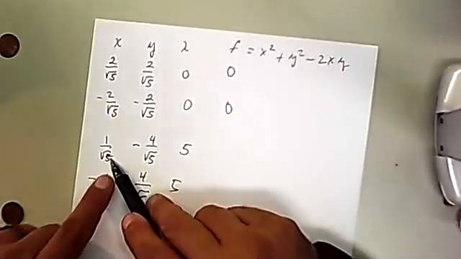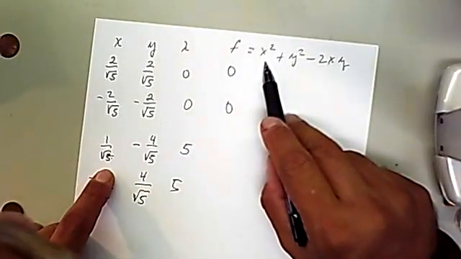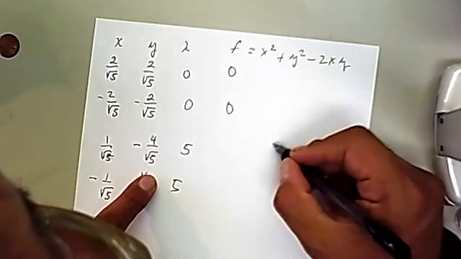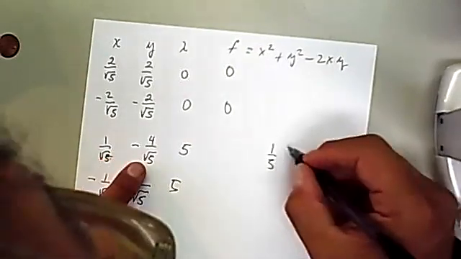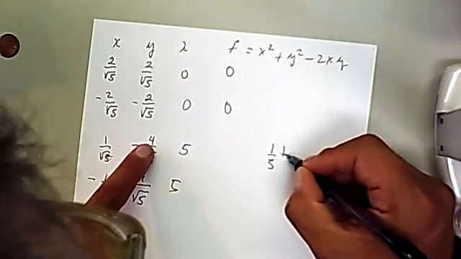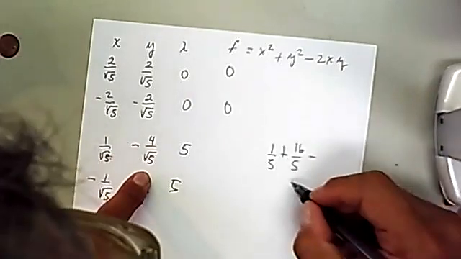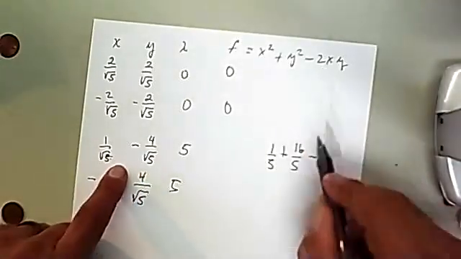Okay, so we got to be more careful with this because those are not going to be zeros. So this is going to be 1 over 5 plus, I better figure this out. So 1 over 5 when we square this, plus 16 over 5. And then we're going to take away 2, multiplying those two together.